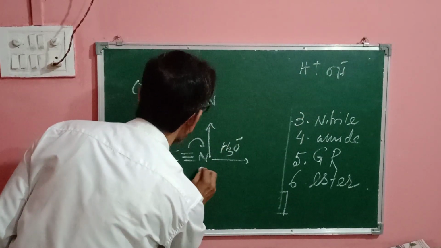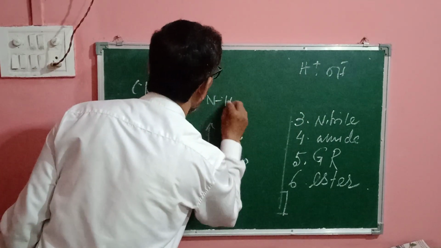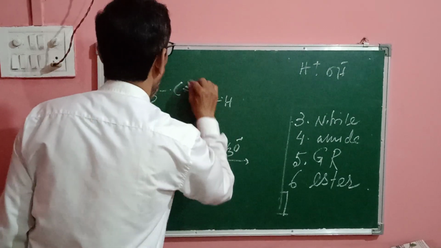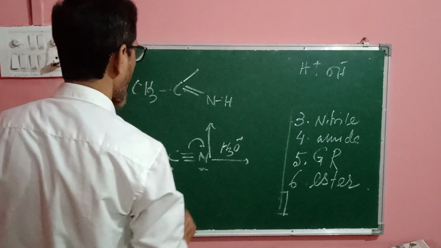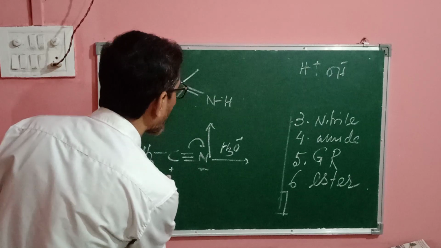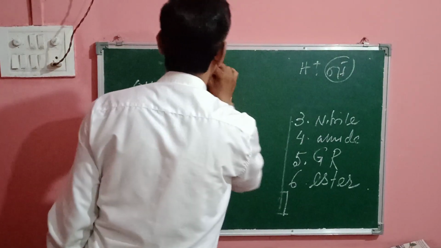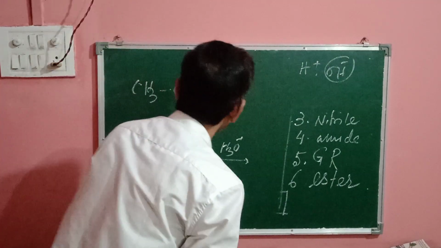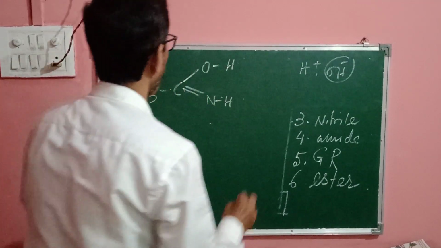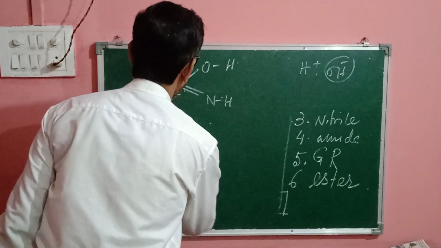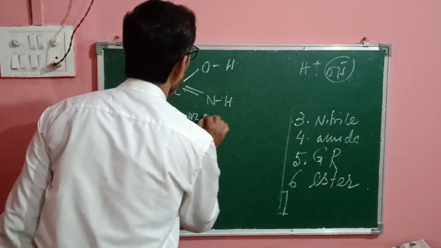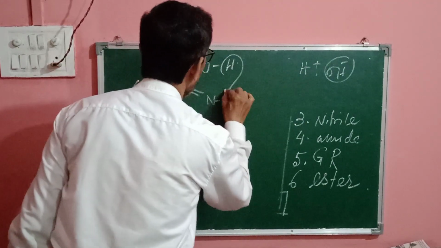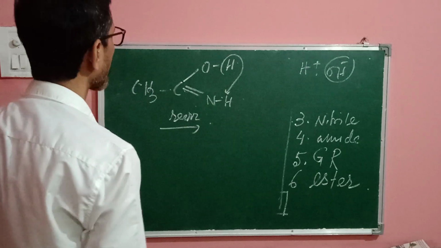Then H plus will get attached to the N, and carbon is plus, so that O is attached to it. Now there is rearrangement. That hydrogen comes over there.